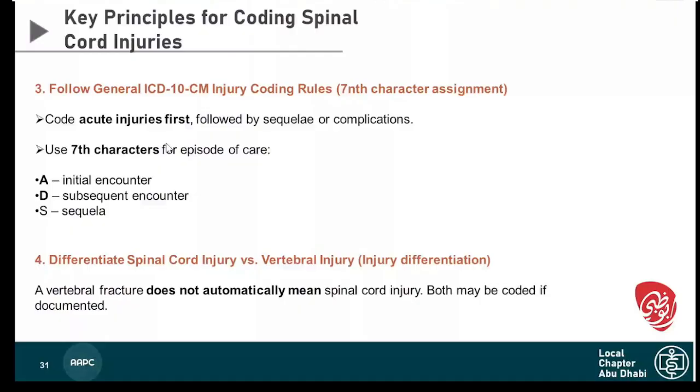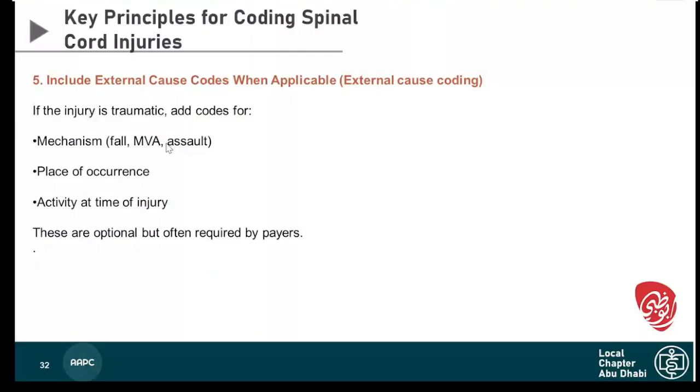Then include an external cause code when applicable, mainly for traumatic injuries. While reporting traumatic injuries, we have to assign this external cause code as a secondary diagnosis, otherwise it will end up in rejection.